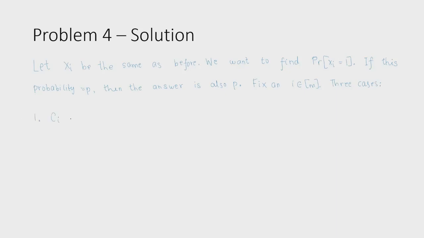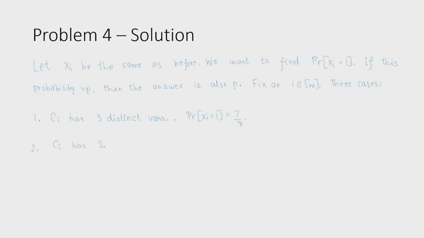The clause Ci has three distinct variables. In this case, we just saw what the probability of xi equal to 1 is. This is just 7 over 8, from the previous question.